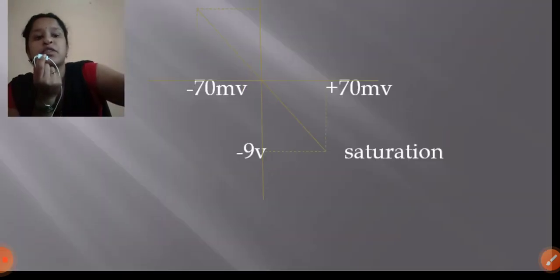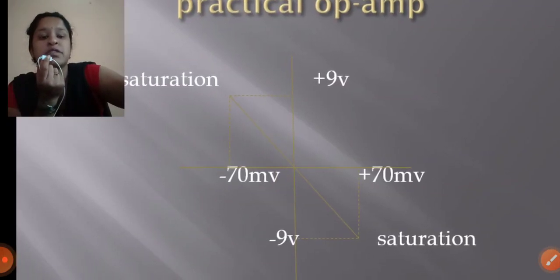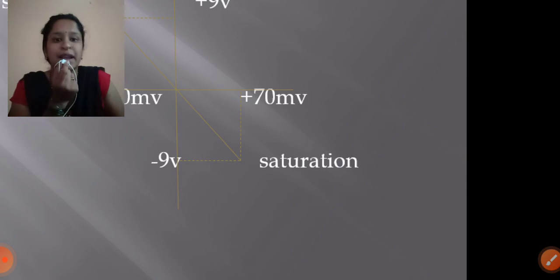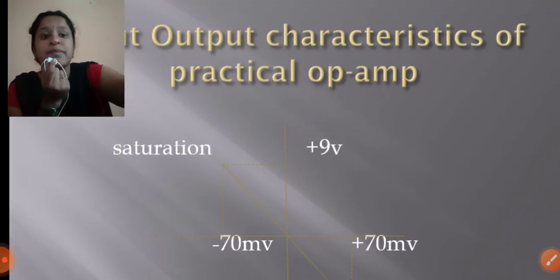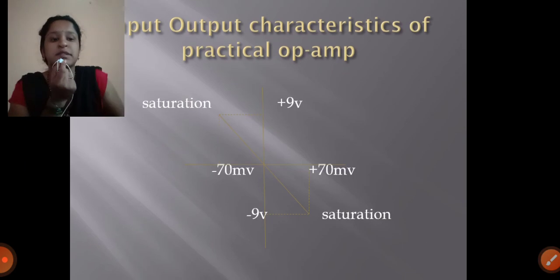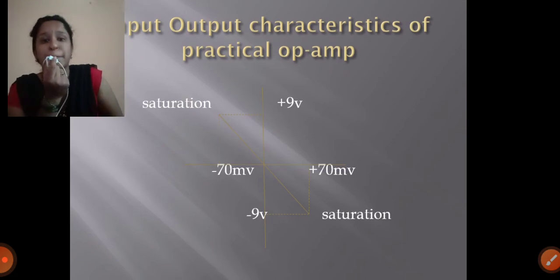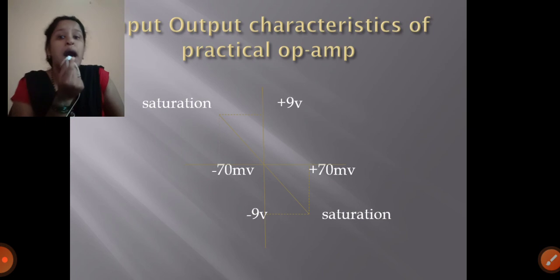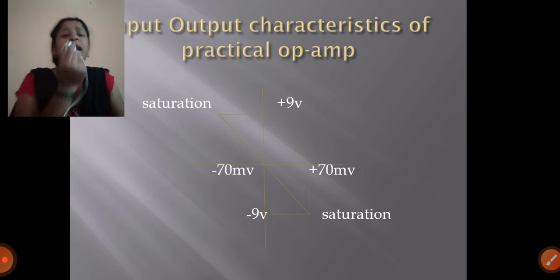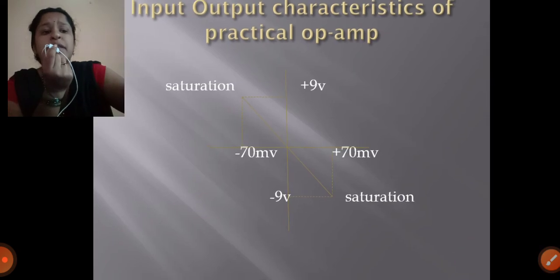This is the positive saturation region, and this one is the negative saturation. This is the input and output characteristics of operational amplifiers, and the balanced and imbalanced power supply.